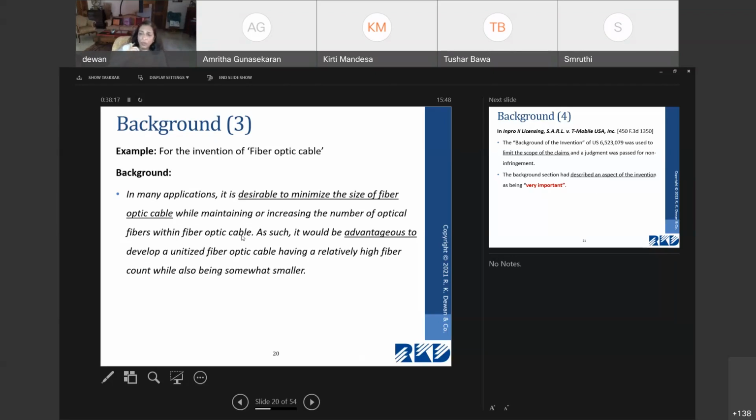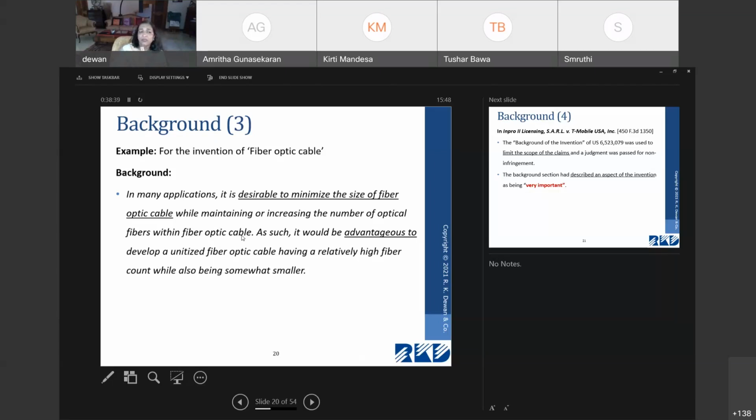So we want to improve the transmission. We want to increase the number of optical fibers, but as you keep increasing the number of optical fibers in a cable, naturally it's going to become thicker and thicker. And then the cumbersomeness of using it in some particular locations is undesirable.